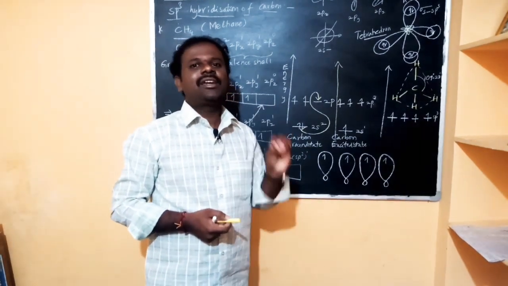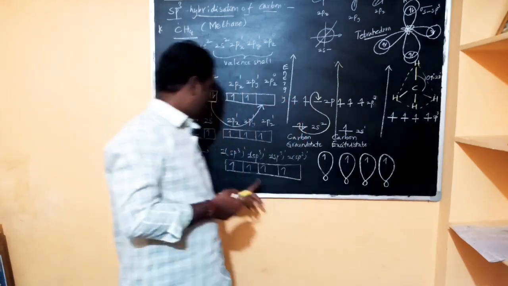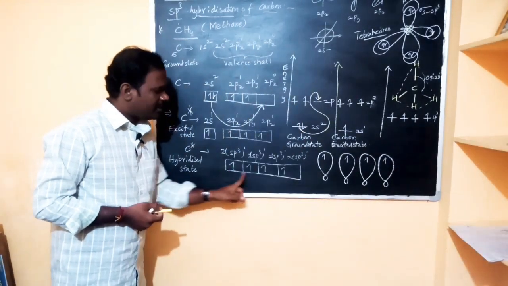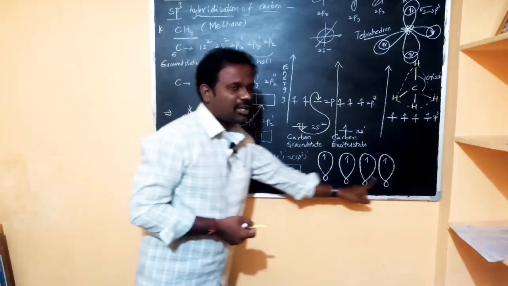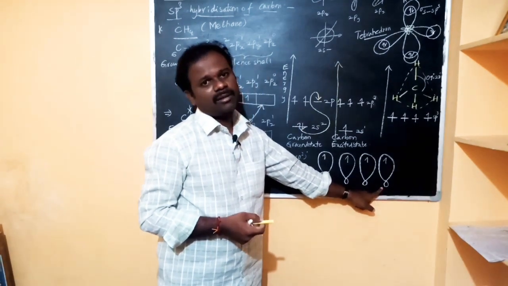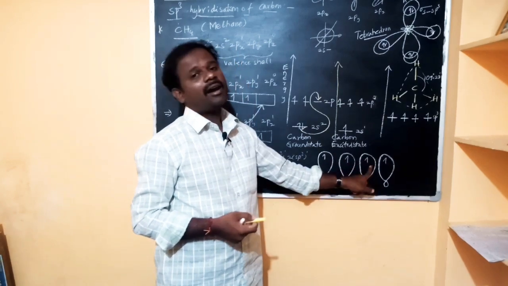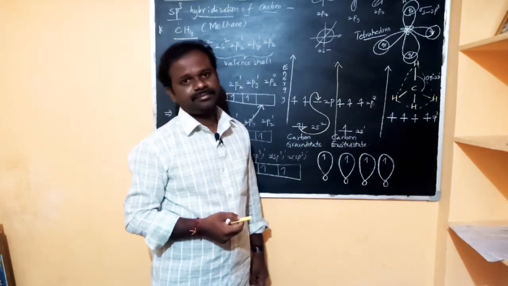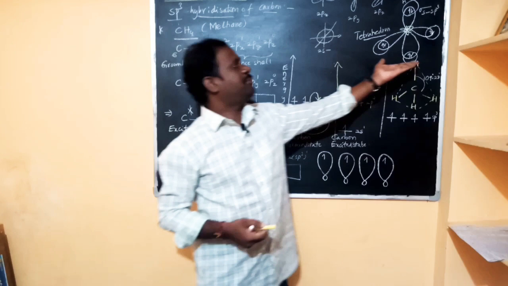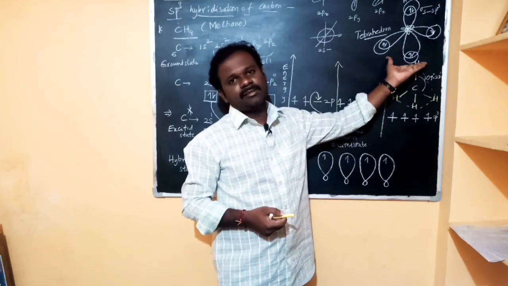for the formation of hybridized orbitals equal in energy and equal in shape, each orbital containing at least one unpaired electron. Then there is a formation of the molecule like this.